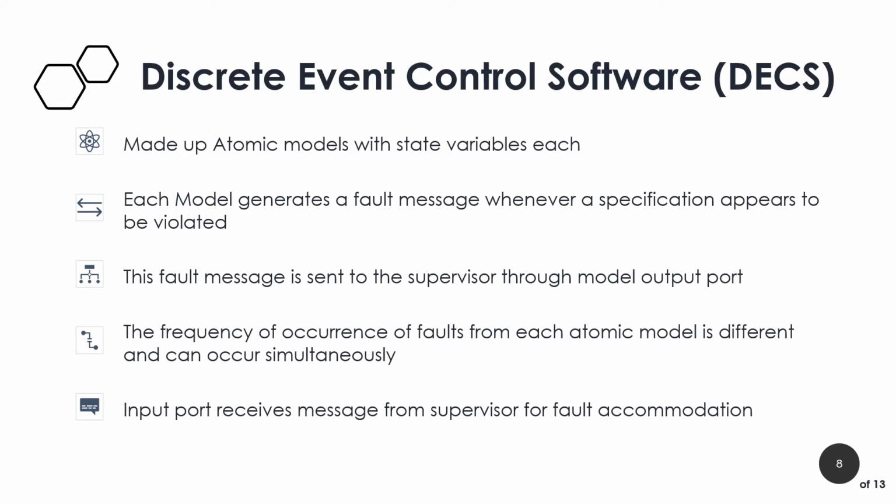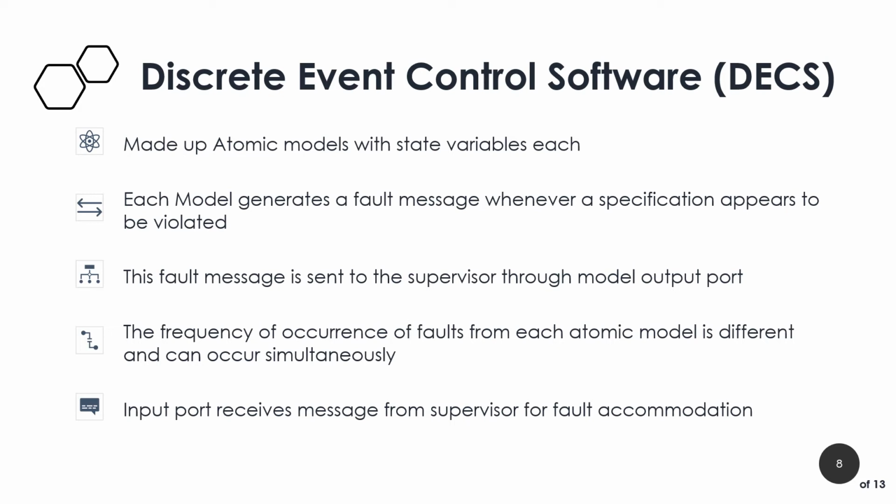Now I'm going to explain the different components. So the discrete event control software is basically made up of atomic models with state variables. Now each model would generate a fault message, like I said, and whenever a specification appears to be violated, this message is sent to the supervisor, and the supervisor knows what to do with that message, right?